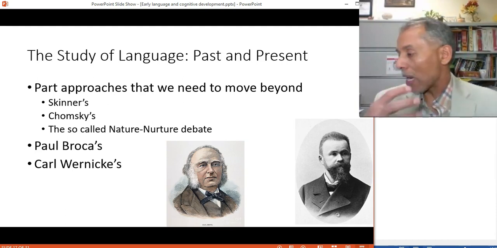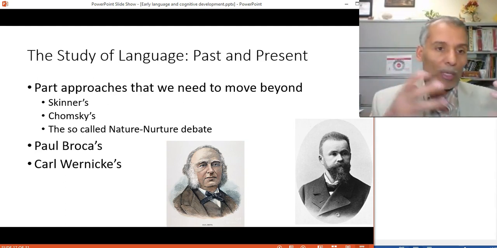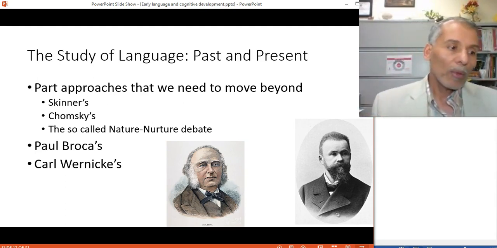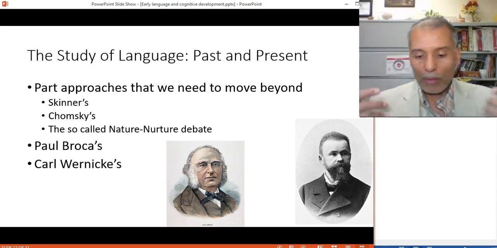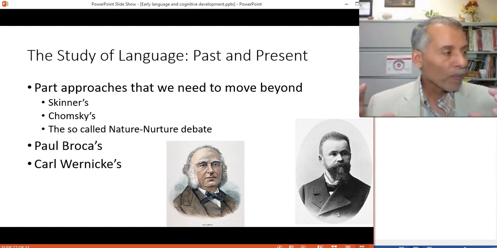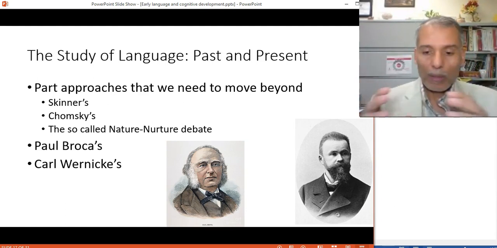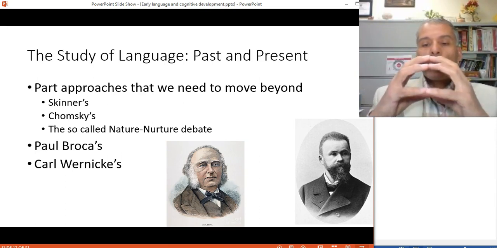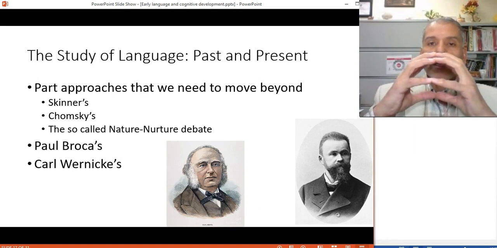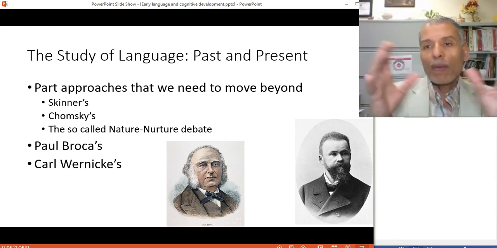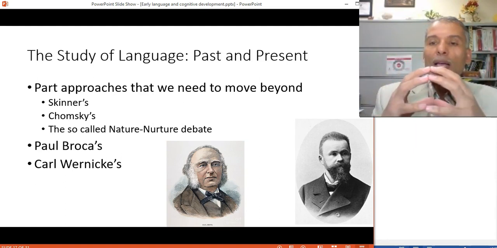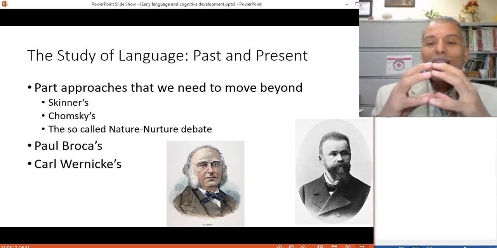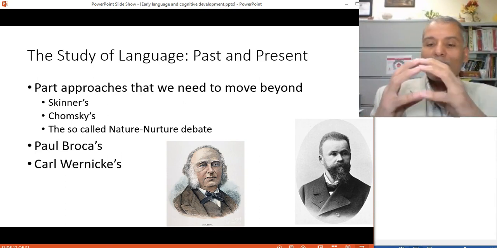When I look back at how someone like Skinner, for example, thought about language, and other people who thought about language initially, it was almost like looking at the brain as a watermelon. You have the watermelon and you don't know what it looks like inside, so you guess.